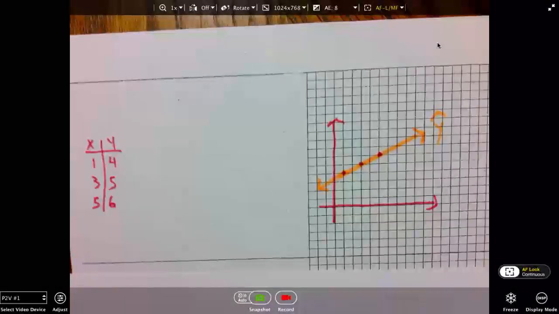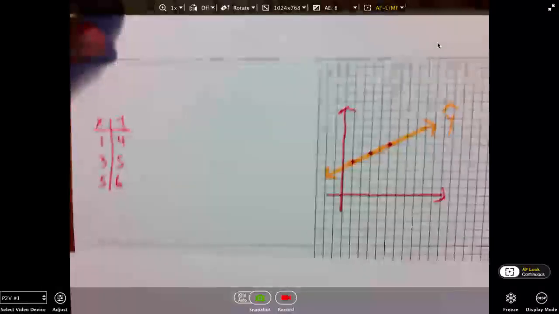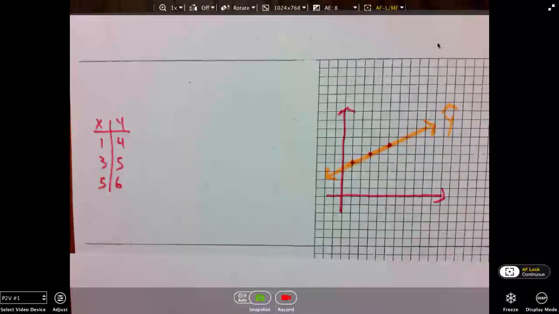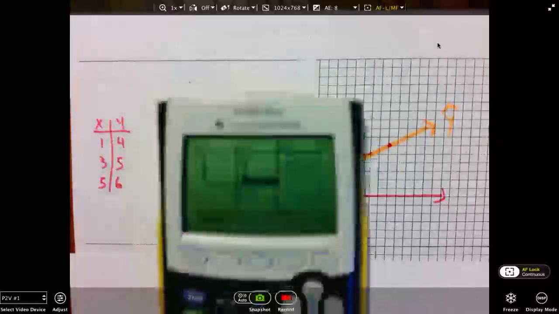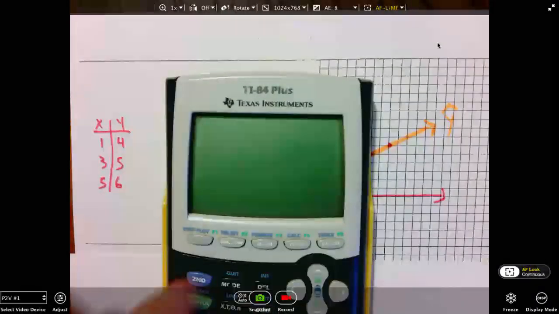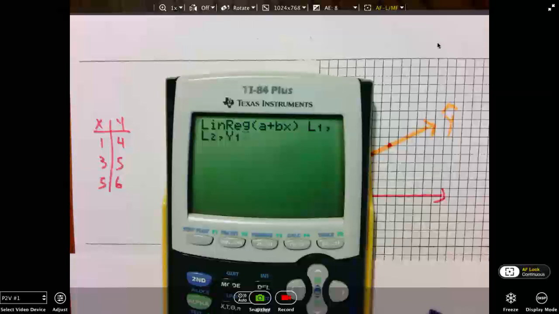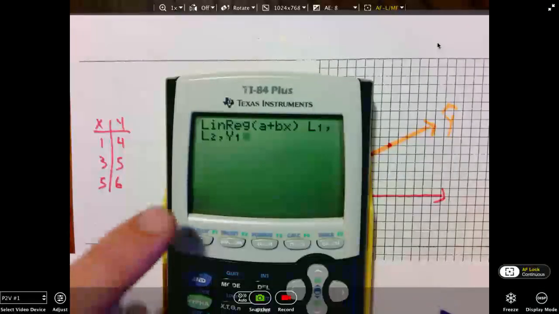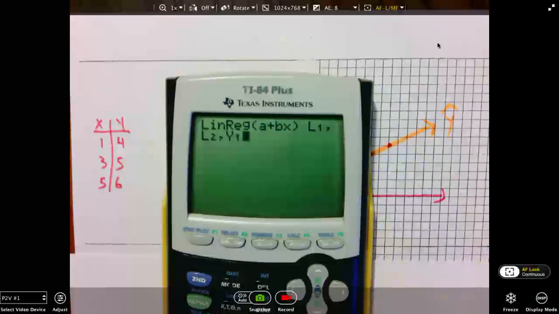We'll see this on the calculator. Stat edit. I'm entering in 1, 3, and 5 in list 1, 4, 5, and 6 in list 2. Alright, now to the home screen, I'm performing a linear regression, list 1, list 2, and pasting that over y1.